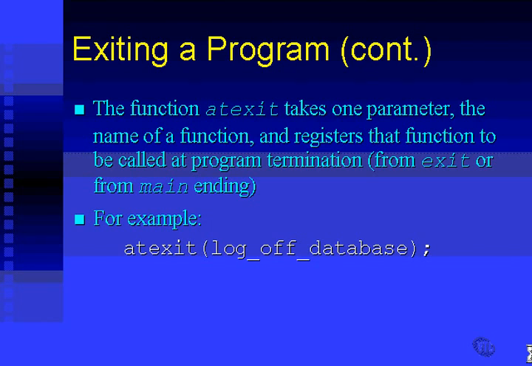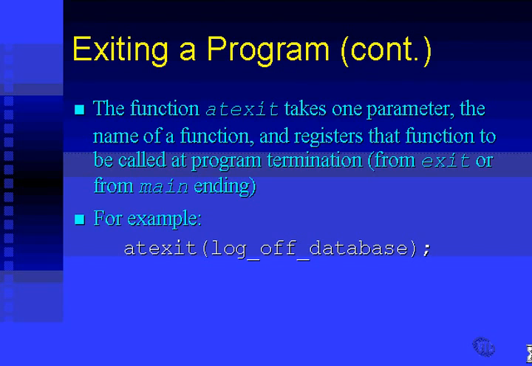Now, what you don't really want to have to do is remember to call the logoff database function at every single point, at each of those 25 instances. So, there's a more convenient way of doing it. You can simply pass the logoff database function in to atexit and say, whenever you exit the program, do this. In other words, log off the database. And no matter how the program exits, you will always log off the database.